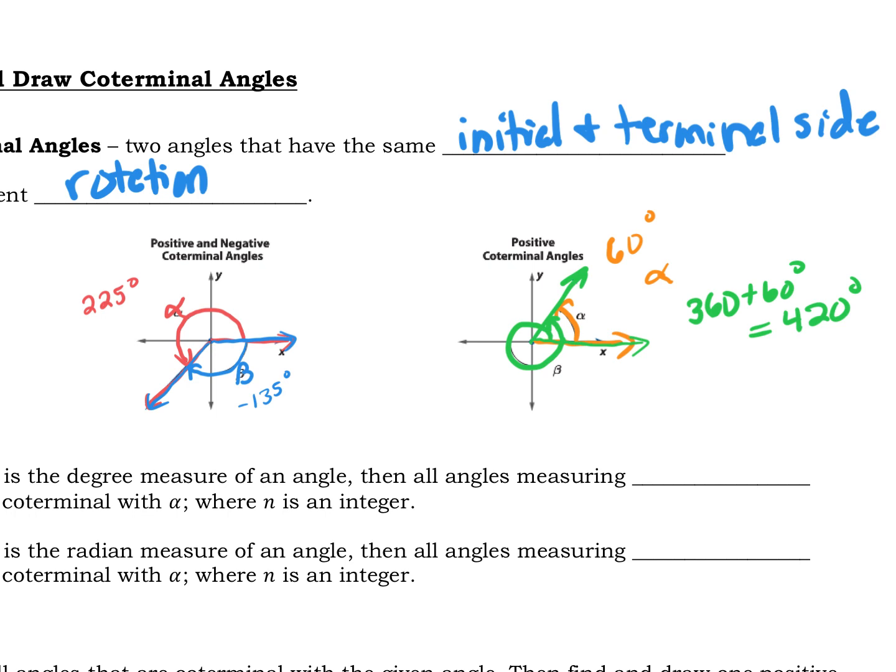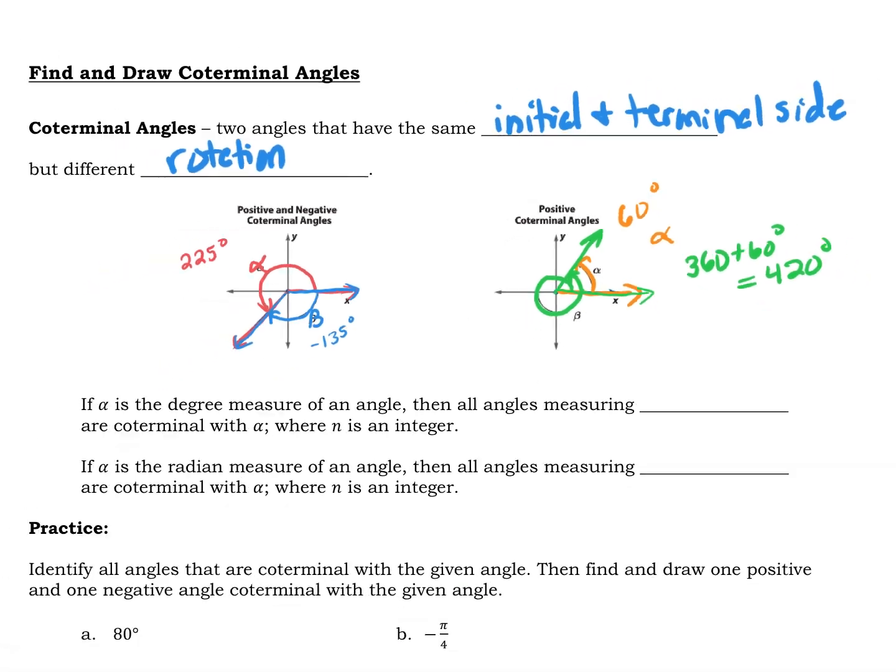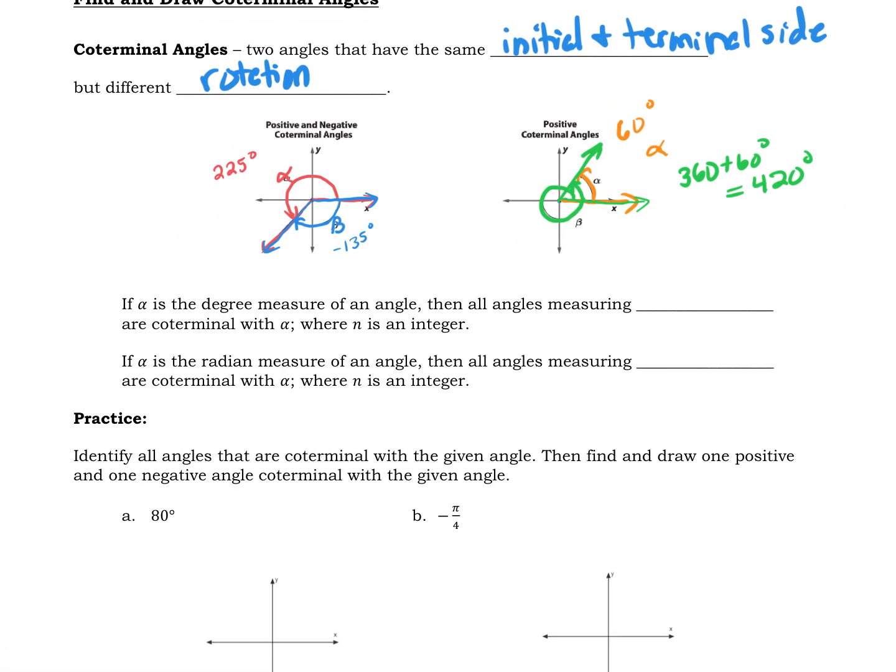So in order to represent this, if you notice it says, if alpha is the degree measure of an angle, then all angles measuring alpha plus or minus 360 degrees, however many times we want to do this, so times n.